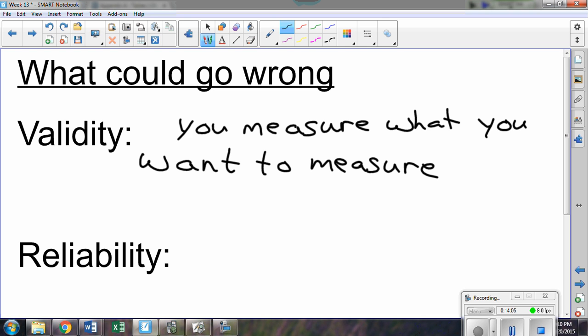Validity is when you actually measure what you are trying to, or what you really want to measure. If you want to figure out how much teenage girls are on their cell phone, are you actually measuring how much they're on their cell phone? Or if you start asking them questions, are you actually asking them how much they're on Facebook? For instance, if I were curious how many hours per day you spend on Facebook, should I ask you how many hours do you spend on social media?